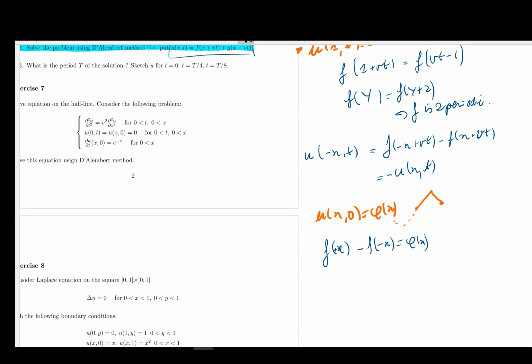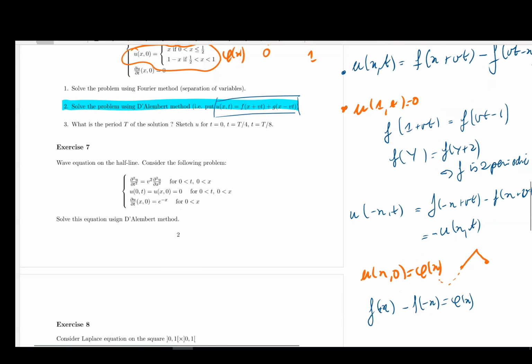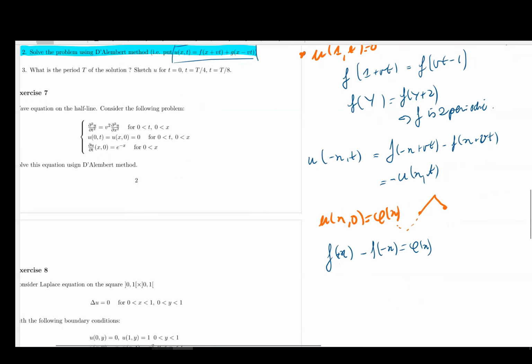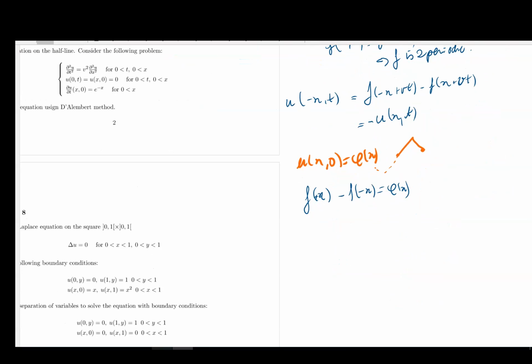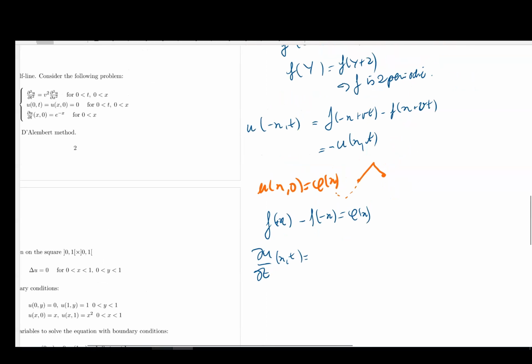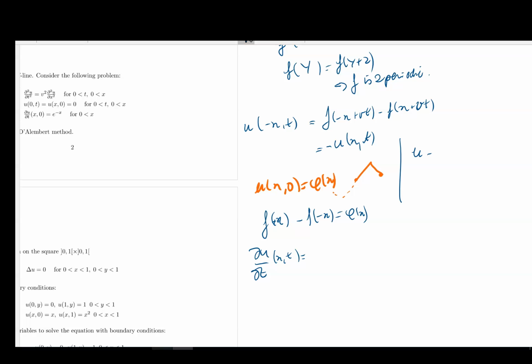What is our last condition giving us? The last condition tells us that the derivative in t at t equal to 0 is equal to 0. So let's see what we have. If I do du over dt of x, t, I'm using that u of x, t is f of x plus vt minus f of vt minus x.